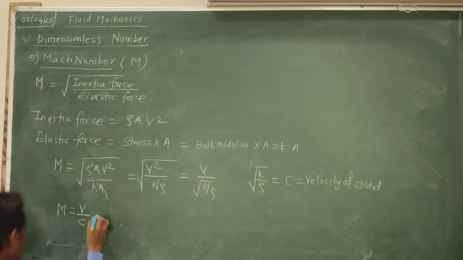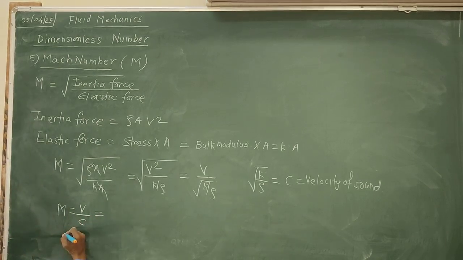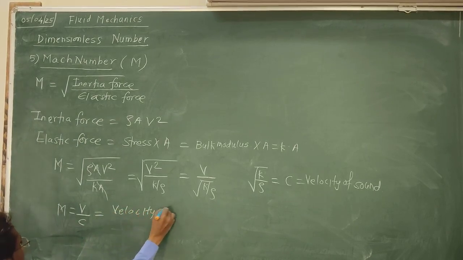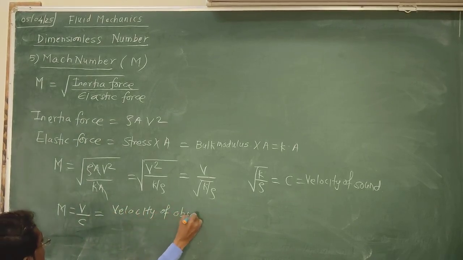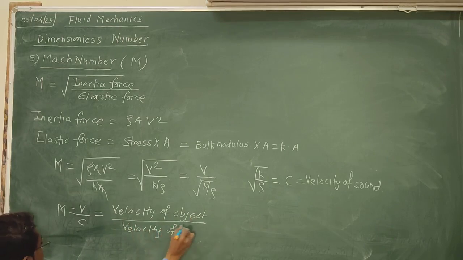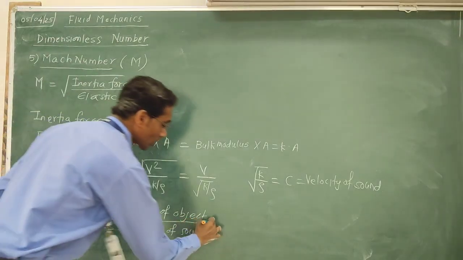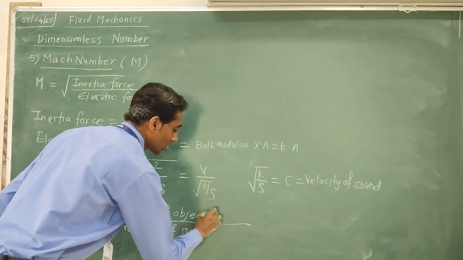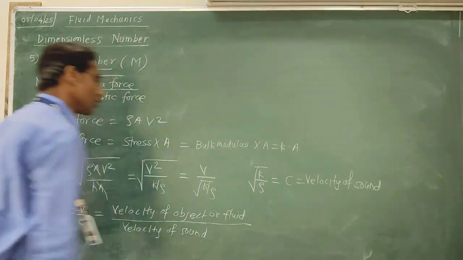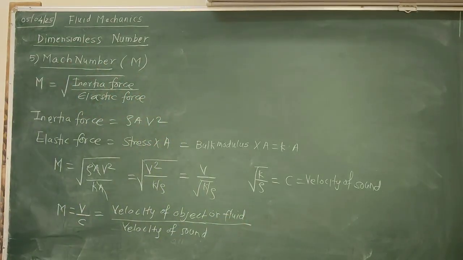So Mach number becomes the ratio of velocity of object divided by velocity of sound. Now this object is for solid, and if it is fluid, then it is the velocity of fluid.